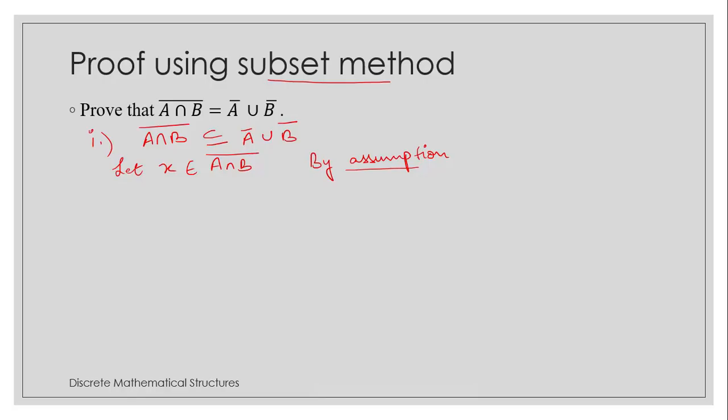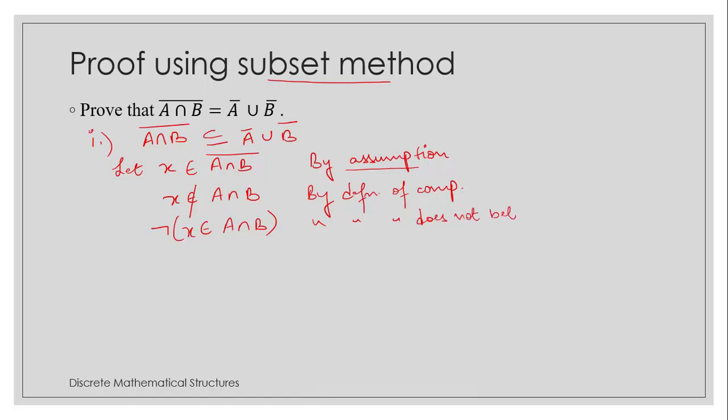Then this can be written as X does not belong to A intersection B. This is by definition of complement. This can be further written as negation of (X belongs to A intersection B). This is by definition of does not belong symbol.